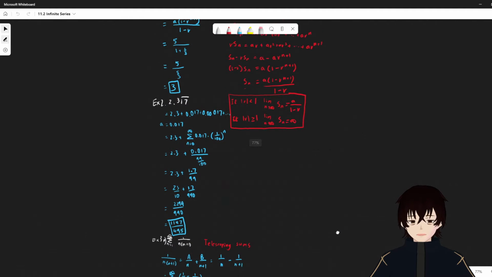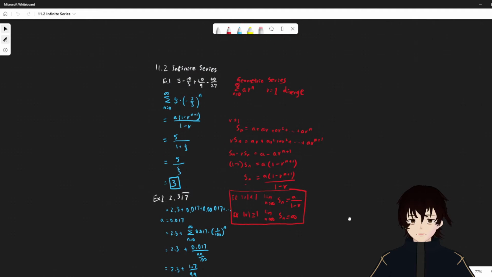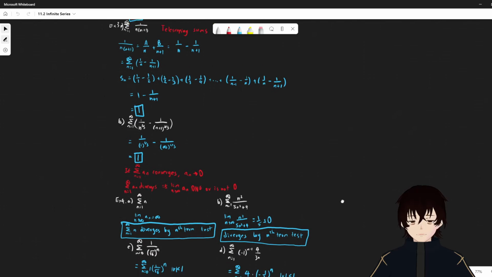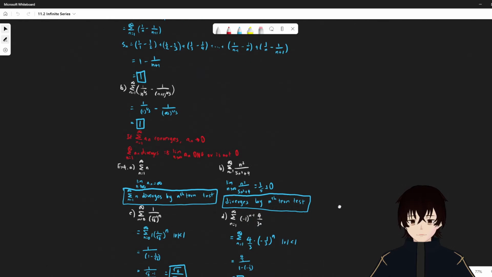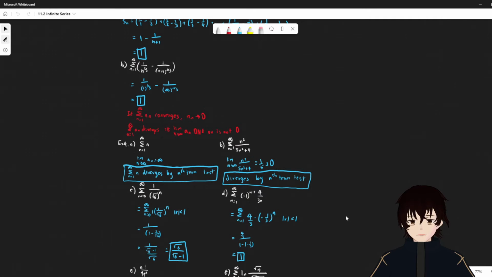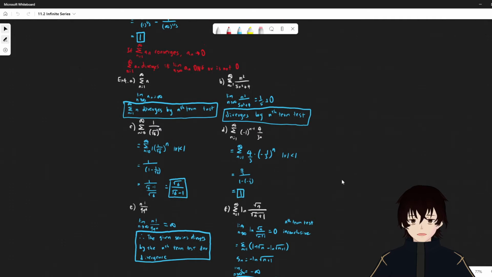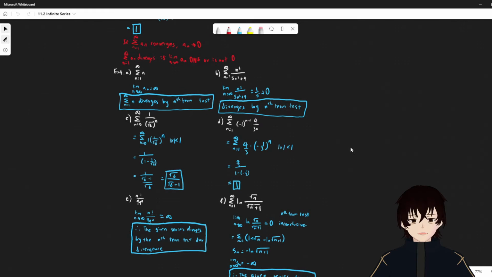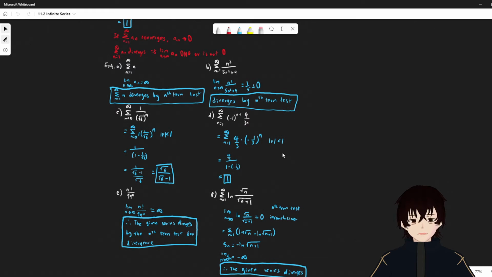Not telescoping sum, that's later. That's geometric series. But that's also geometric series.